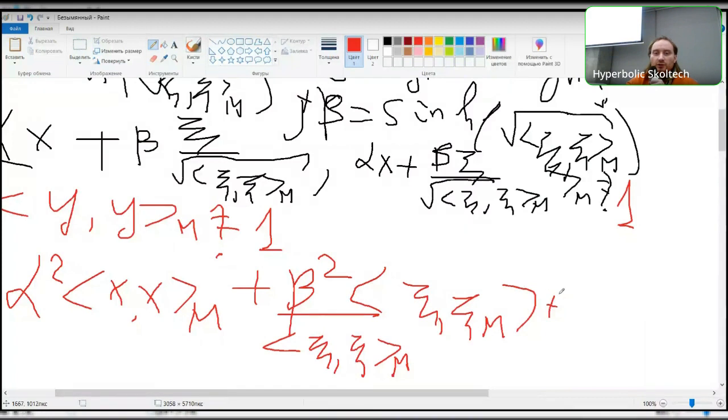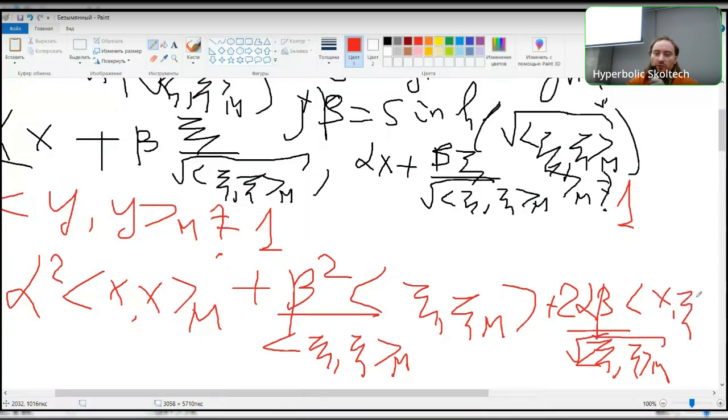Plus 2 alpha beta x, so divided by square root of psi m, and multiplied by scalar product of x and psi.